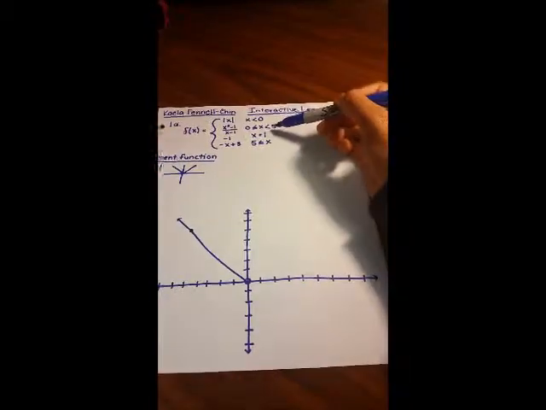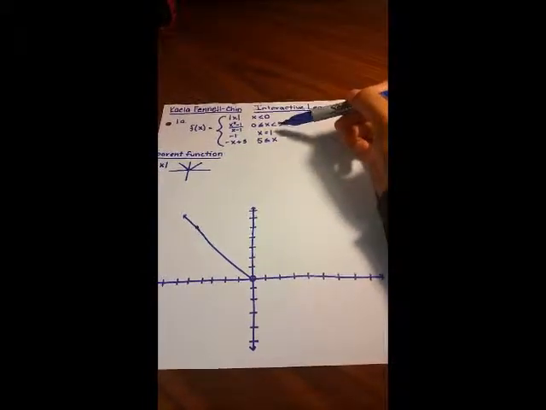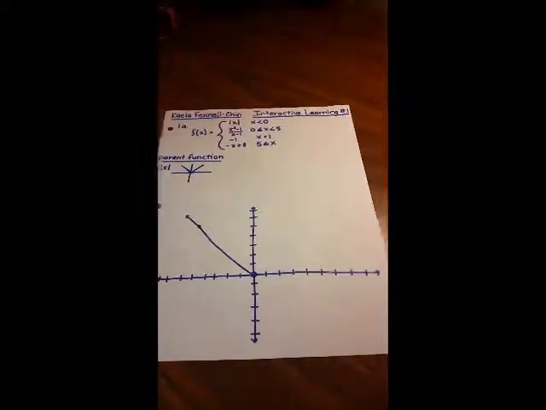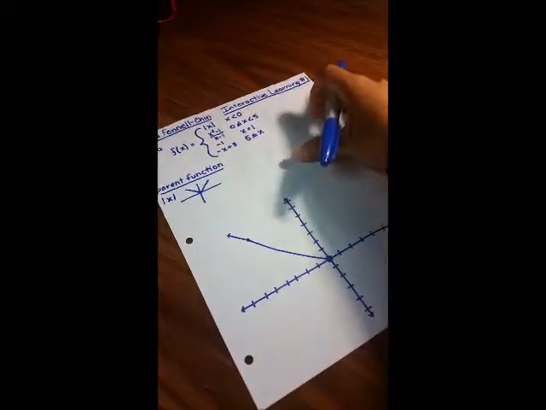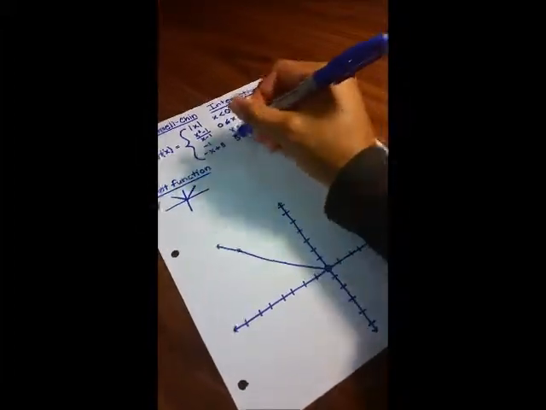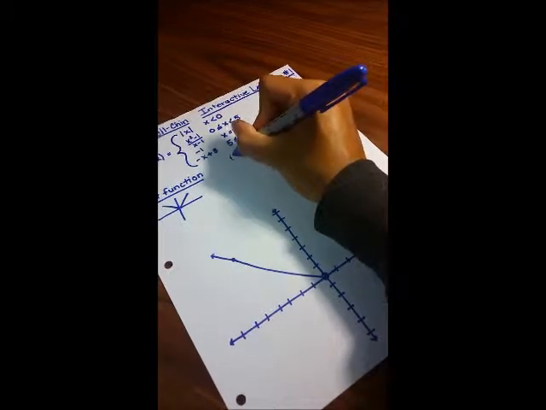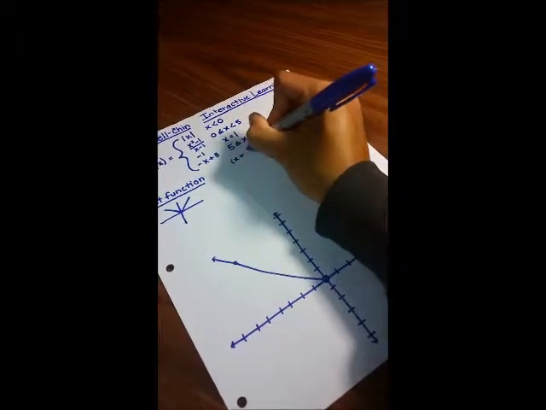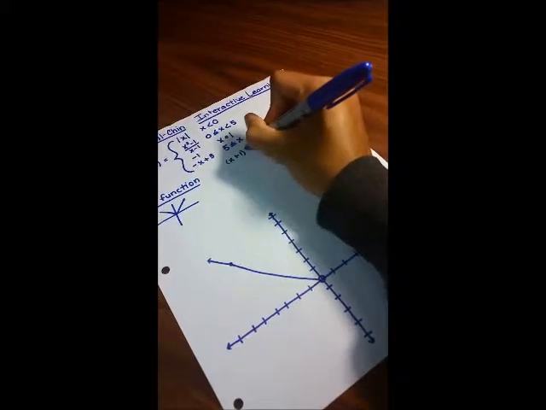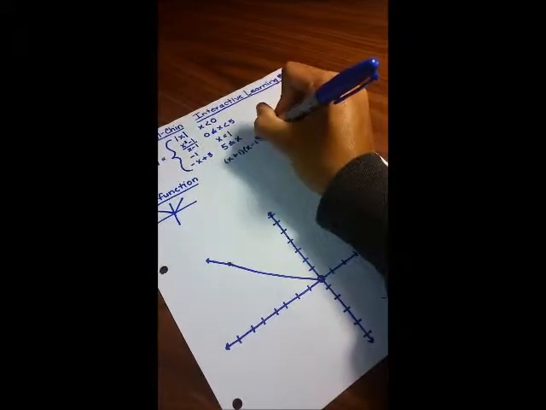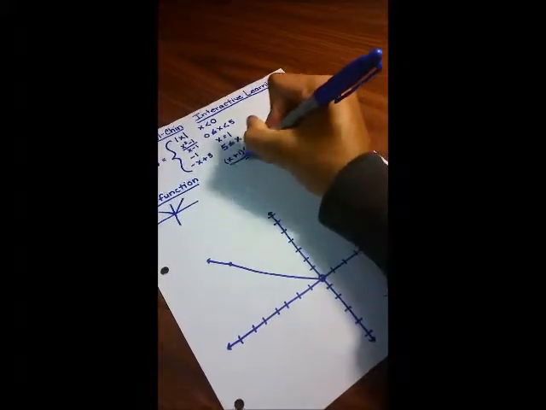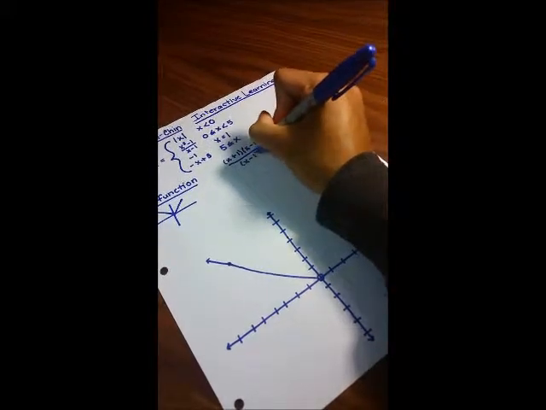Second function in our piecewise function, it says from 0 to 5. So what we can do first is let's try to factor this equation right now so we can see what can be canceled out. So we have x plus 1, then x minus 1, all over x minus 1.